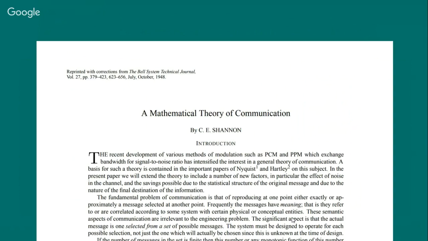And he had all sorts of examples of code at this time. There were examples of things like Morse code and so on. Computers weren't really a thing at this time. But he created this paper describing what a communication system is, a mathematical theory of communication. And this paper is credited for enabling the entire digital revolution.